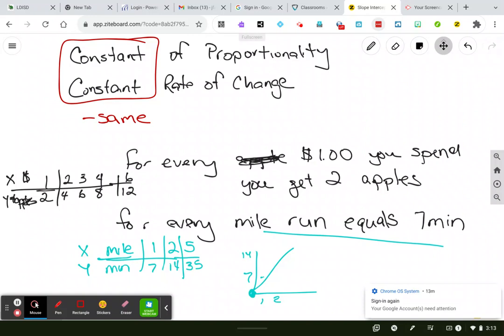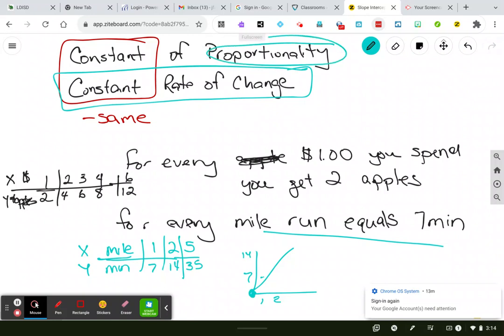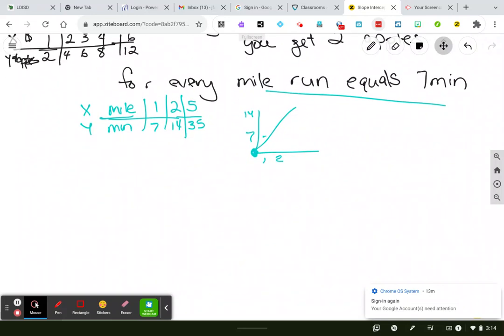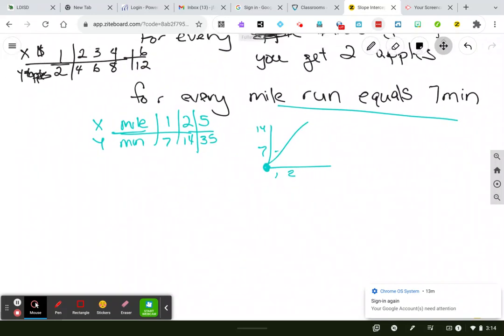Now, that's called constant proportionality. That means it's proportional. A proportional relationship means that it crosses 0, 0.